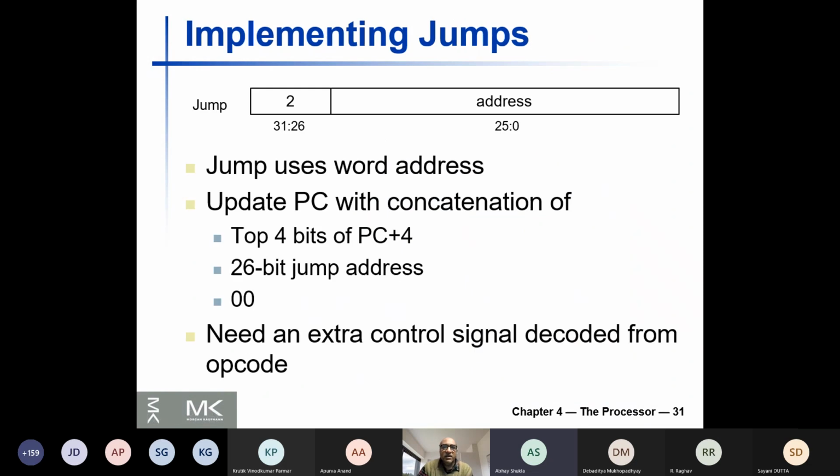So far we have discussed instructions which are load, store, some arithmetic R format instructions, and branch not equal. Now our earlier data path and controller can be used for executing these instructions.